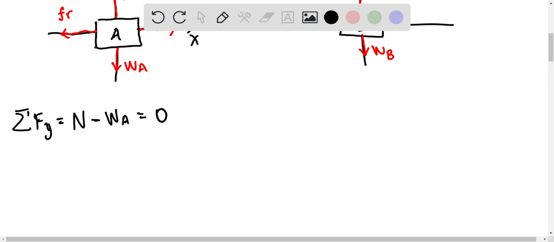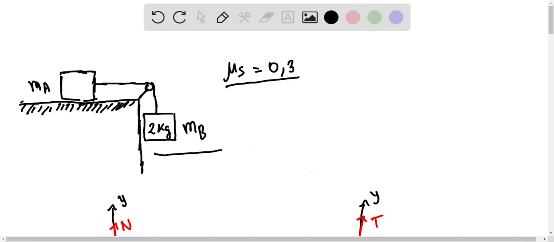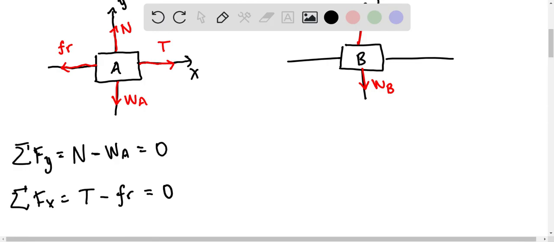Now, the x component of the forces are the tension, positive, because we set it to go to the right, minus the force of friction, which opposes the motion. So this is equal to 0 because we want to prevent the motion. We want the mass of the block A to prevent the motion. So we set this equal to 0.